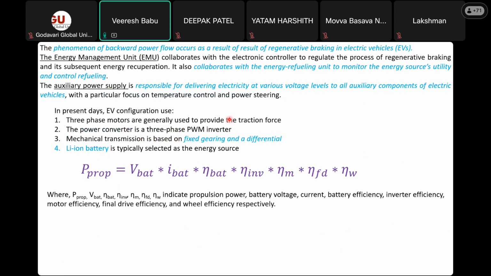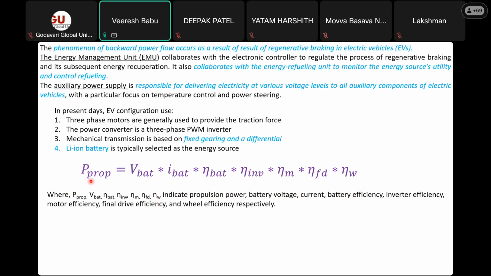Finally, the propulsion power P equals, I'll read out: P stands for propulsion power, V stands for battery voltage, I stands for battery current, eta battery stands for battery efficiency, eta inverter for inverter efficiency, eta motor for motor efficiency, eta final drive for final drive efficiency, and eta wheel for wheel efficiency.